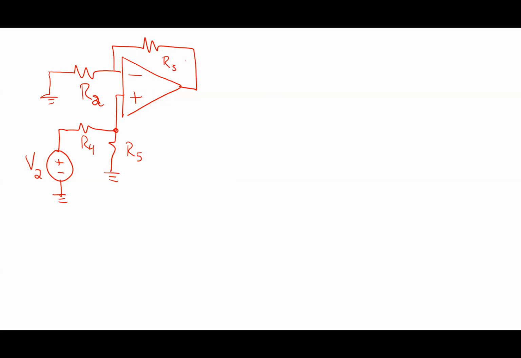Now, this I would call V out 2 because it's the voltage coming from the V2 source. So what would I do here? What would I do in this situation? Any ideas?